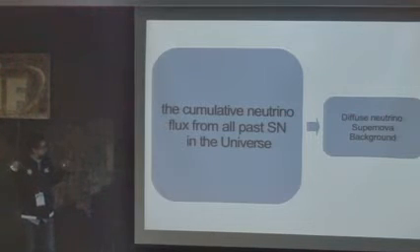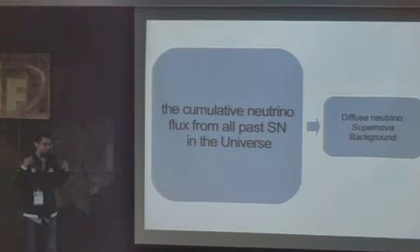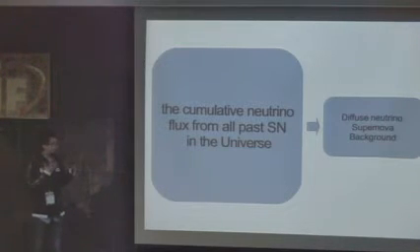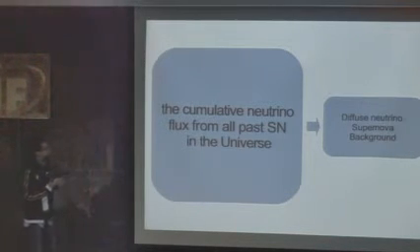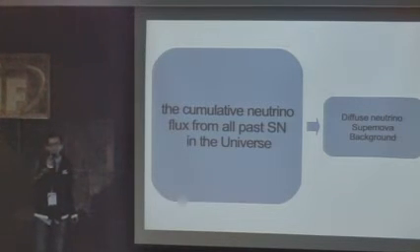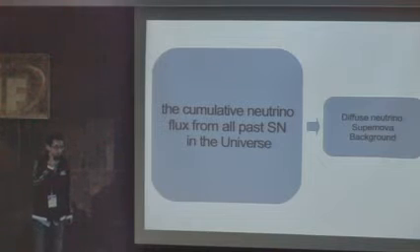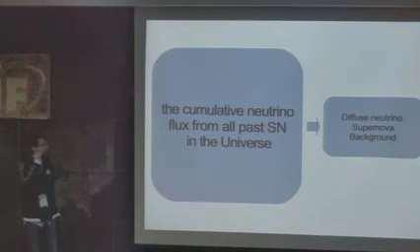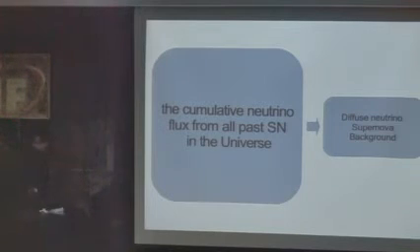Just take all the neutrinos that have been born from all the supernovae along the history of the universe and sum them, and what you arrive at is a diffuse supernova neutrino background. In principle, there is something like 10 to the minus 11 neutrinos in 1 cubic centimeter. It is an isotropic flux with some distribution of energy.